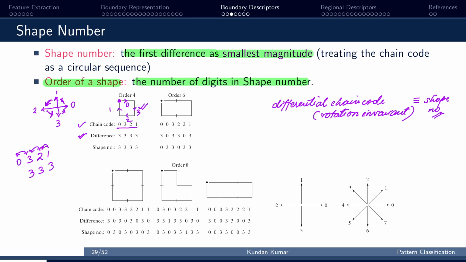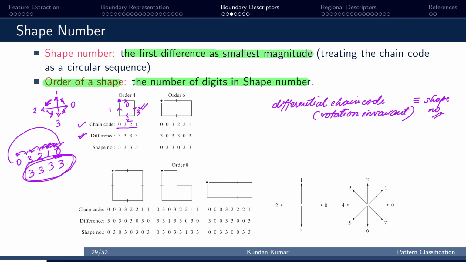Okay, and then we will compute in the circular sequence. So 0 will be here, then we can compute the first difference between 1 and 0. So it will be again 3. So this is our first difference.